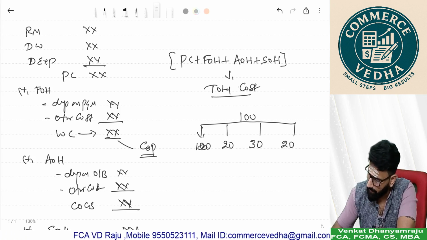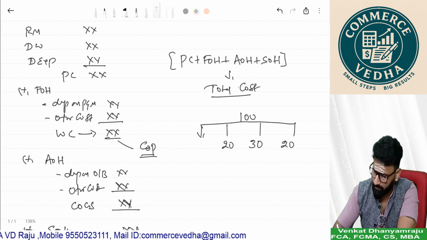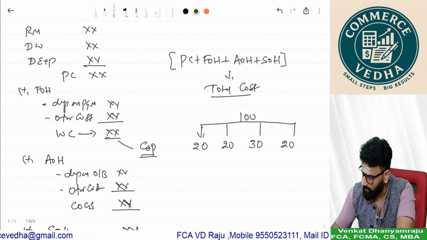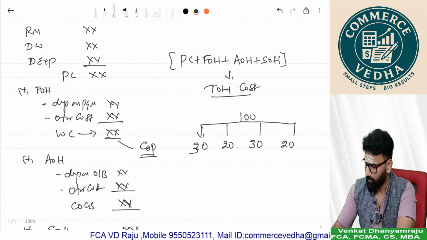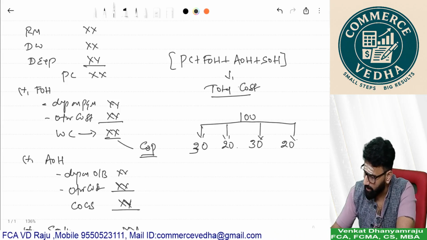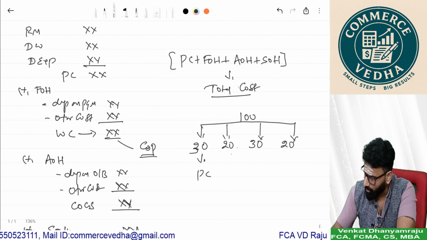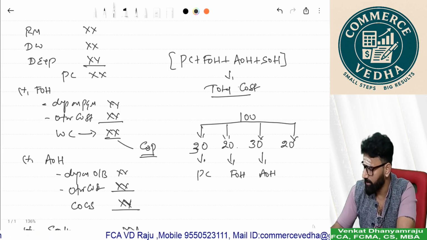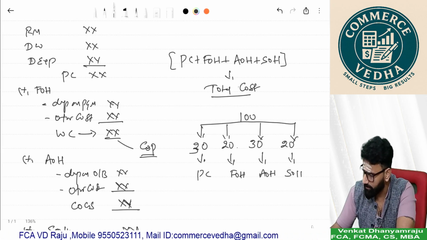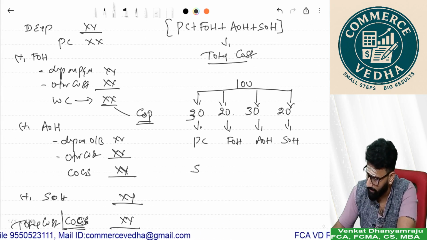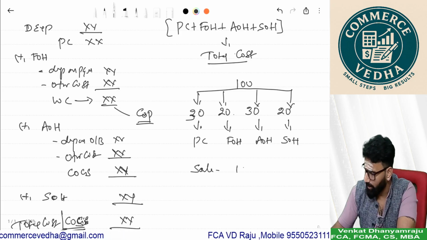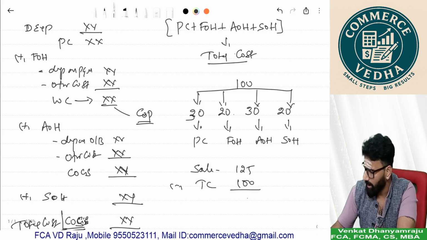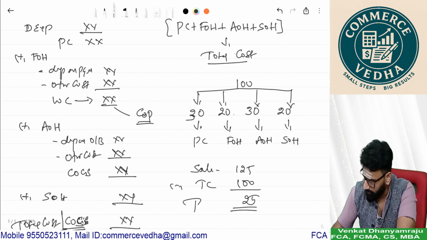Say 30, 20, 30, 20. So if I divide my total cost into prime cost, factory overheads, admin overheads and selling overheads, and now if I sell at 125 minus my total cost 100, I made a profit of 25.